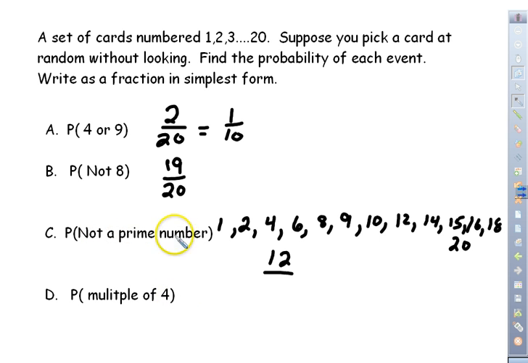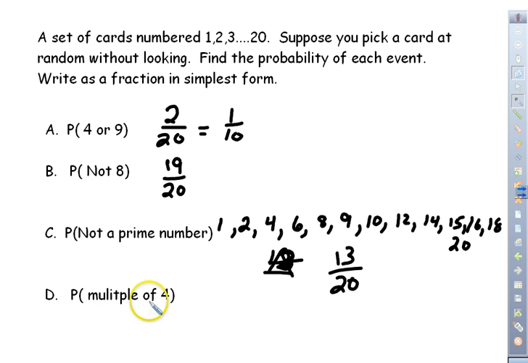There are a couple of different ways you could look at it, but actually it would include the 1 because of the question saying that it's not a prime number. It can be any other number, just as long as it's not prime. Okay, so 13 numbers out of a possible 20, and that is in simplest form.